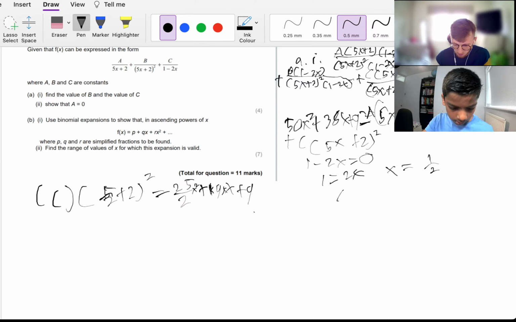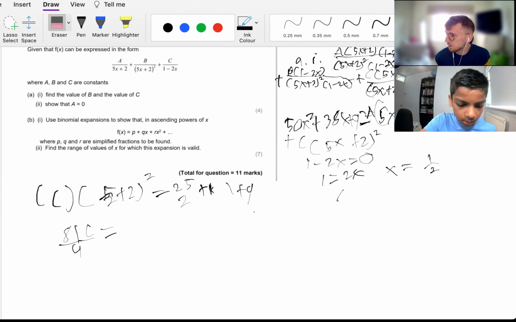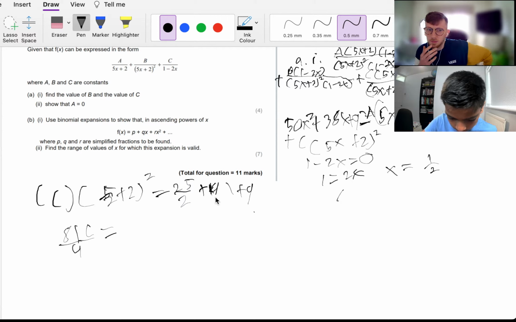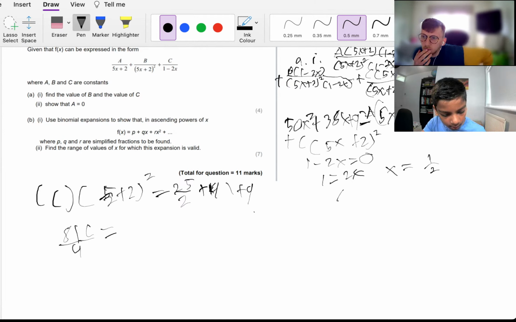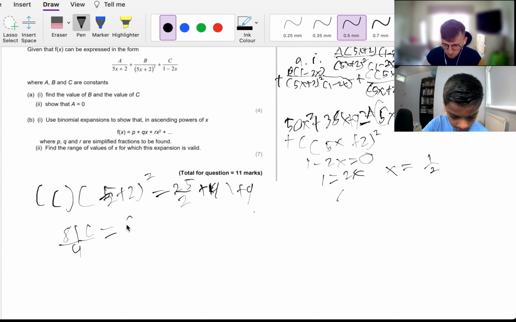So 81c over 4 equals 25 over 2 plus 19 plus 9, which is 81 over 2.